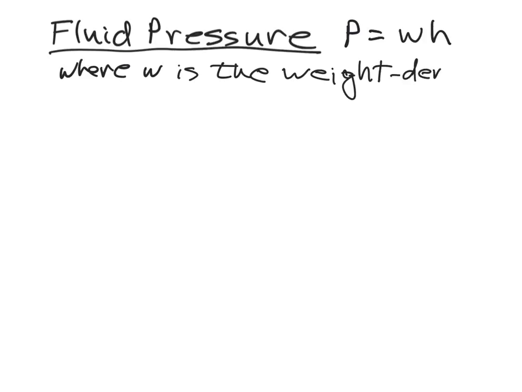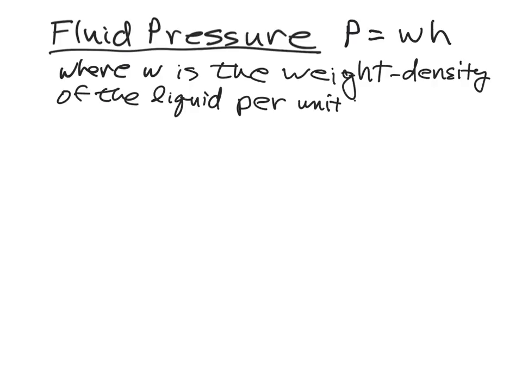W is the weight density of the liquid, and that would be per unit volume. And like we said with the work problems, water was 62.4 pounds per cubic foot. So that may play a part in these as well.